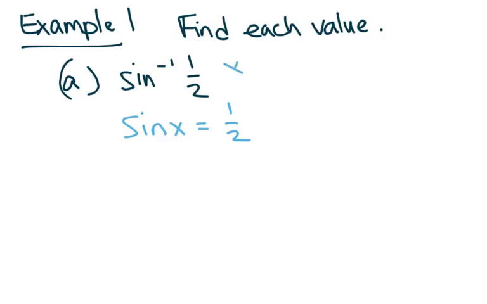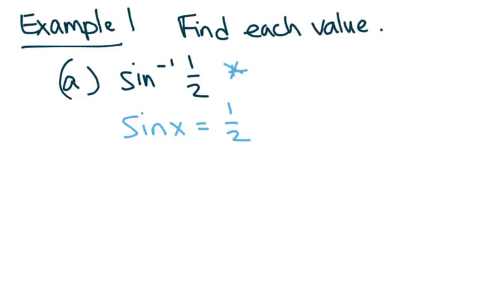If you were to do this on your calculator, because you'll notice that the second function above the sine key says inverse sine, the graphing calculator will always give you an answer between pi over 2 and negative pi over 2. Those are called principal values.